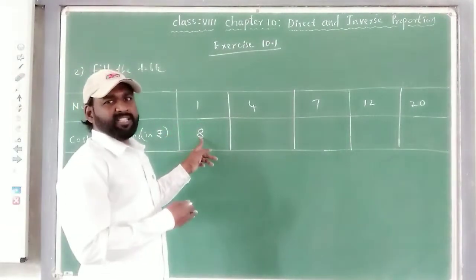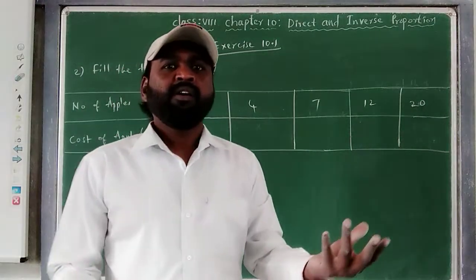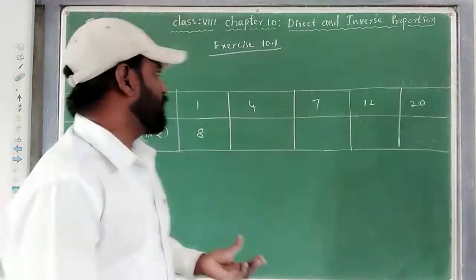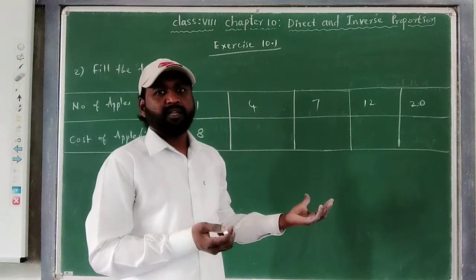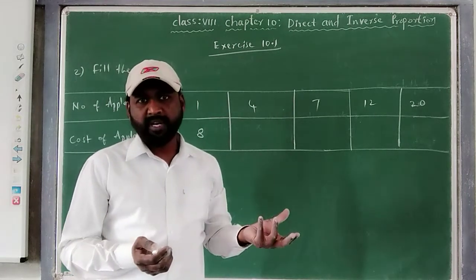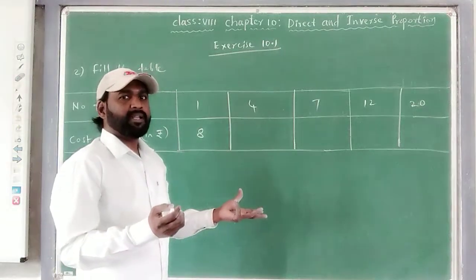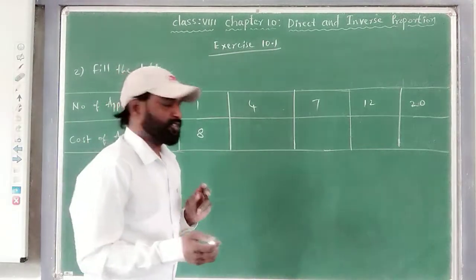Here, very simple thing. How many more apples you need to purchase, that much more money you need to spend. That means if the number of apples is increasing, the cost of the total apples also increases. That means they are in direct proportion. The two quantities, number of apples you need to purchase and the amount of money you need to spend, both will be in direct proportion.